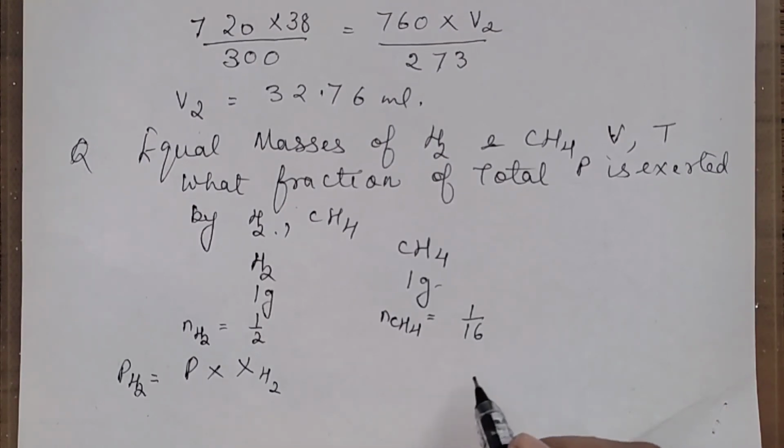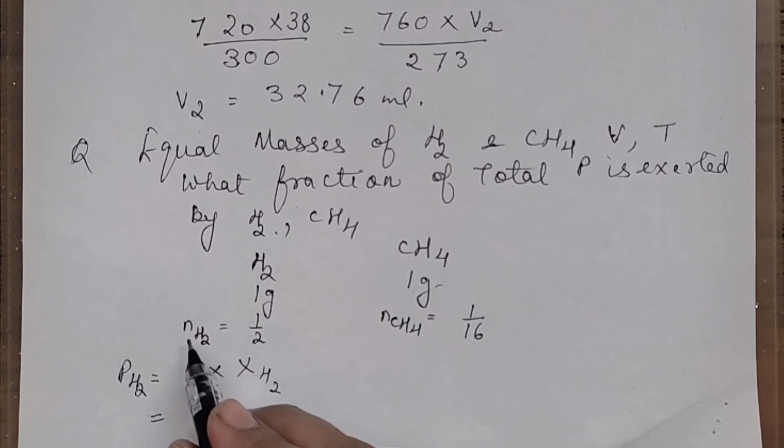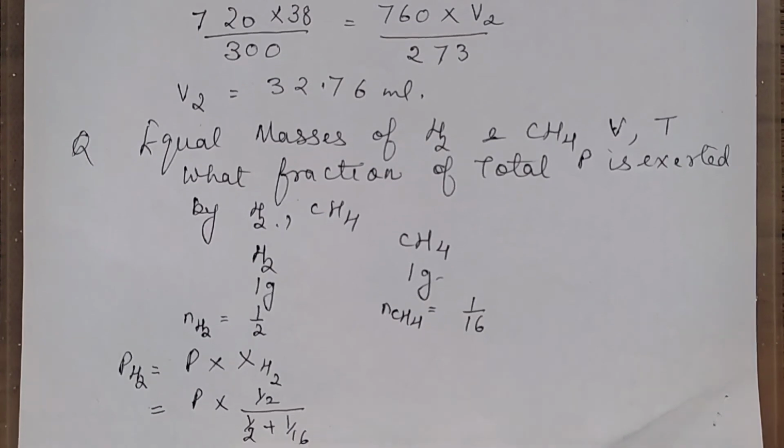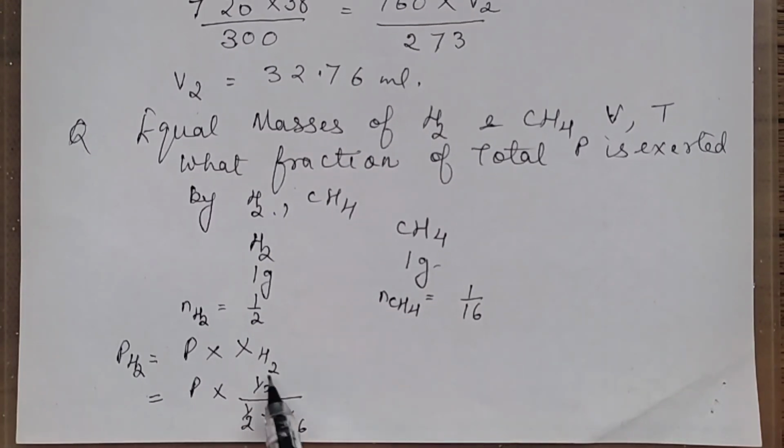Likewise, you can also calculate the partial pressure of the other. So, what is the partial pressure of hydrogen equal to? P into the mole fraction of hydrogen, which is 1 by 2 divided by 1 by 2 plus 1 by 16.